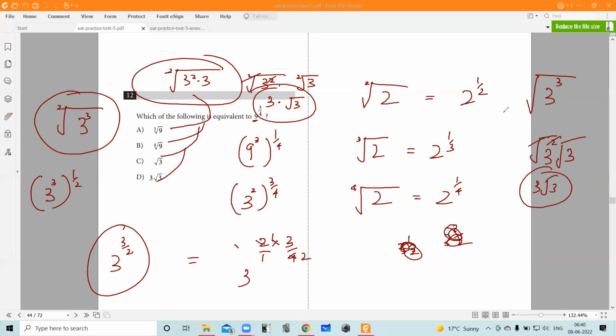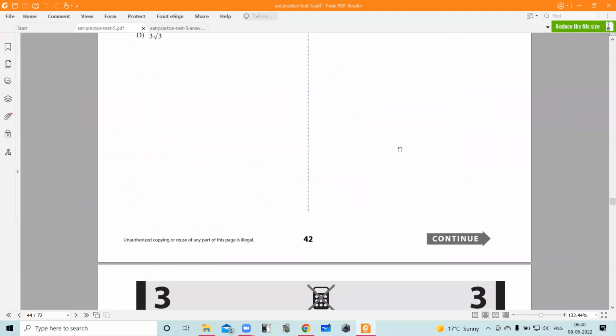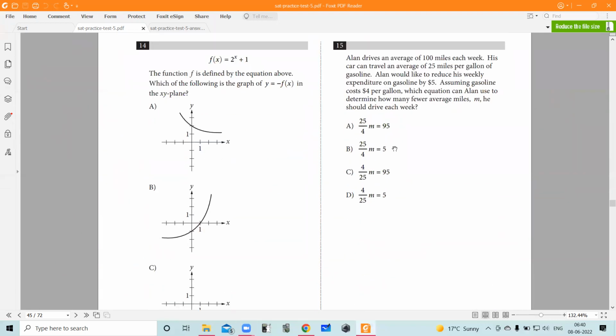Okay, so the next one that I had was number 14. Okay, 14 is here. So we have some function f of x equals 2 to the x plus 1. So it's 2 to the x, so it'll be increasing, right? Right. And there's a y-intercept of 1, right? Yeah.